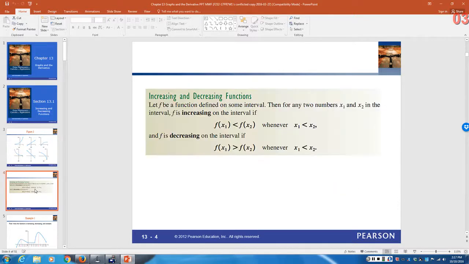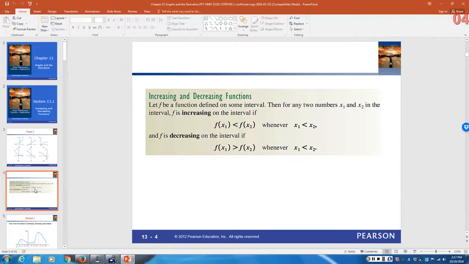Don't overthink what this says. This is simply the math language for what you just told me. If you have a function defined on a subinterval, any interval, then for any two numbers in that interval, x1 and x2, the function is increasing on the interval from x1 to x2 if the y value, which is what f of x1 says, if the y1 value is less than the y2 value, when the first x value is less than the second x value.